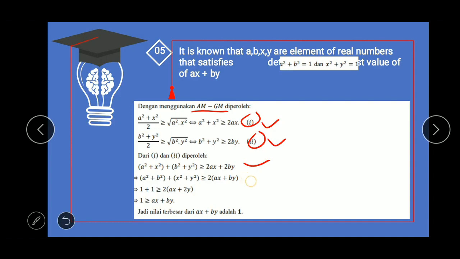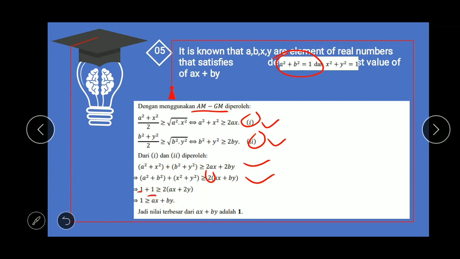We can simplify like this. We move the 2 here in front, and then we can substitute the value of a squared plus b squared equal to 1 here, and also x squared plus y squared equal to 1 here.